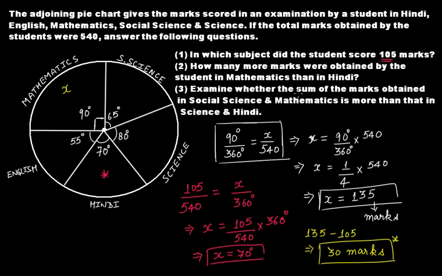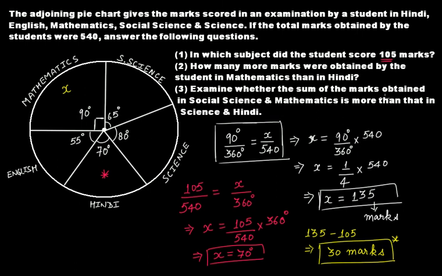Okay, the third portion. Examine whether the sum of the marks obtained in social science and mathematics is more than that in science and Hindi. You have to examine whether the sum of the marks in these two sectors is more than that in science and Hindi. So what will you do? Are you going to calculate the marks for each of these sectors?